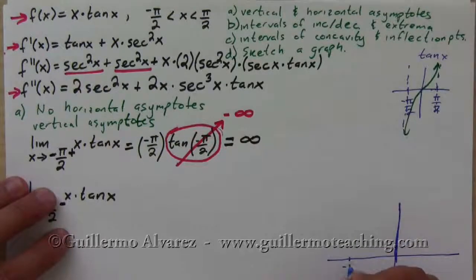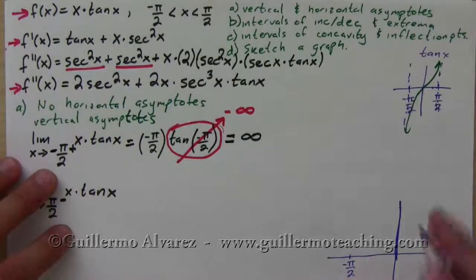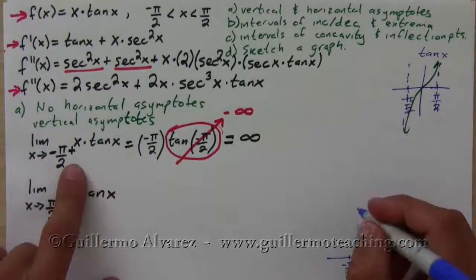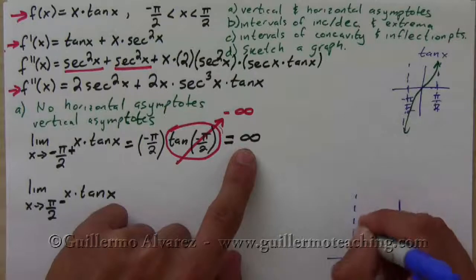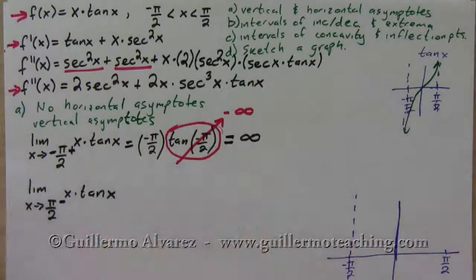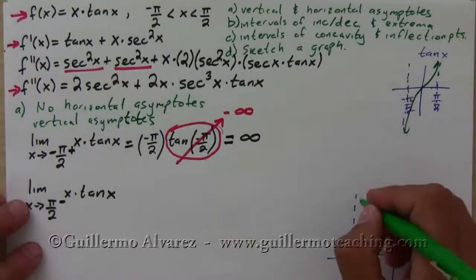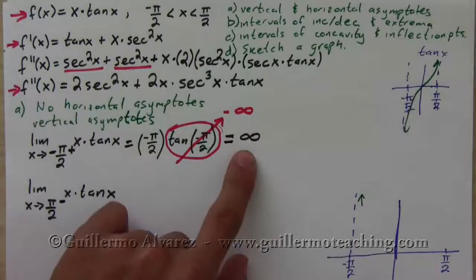So here, this is negative pi over 2, and this is pi over 2. And I know that at negative pi over 2, from the right, since it's going to infinity, I'm going to have a vertical asymptote there. And I know that my function is going to be going to positive infinity there, because that's what I just found.